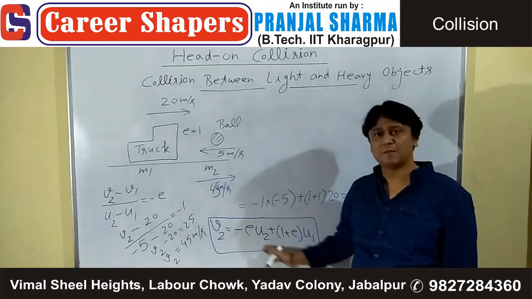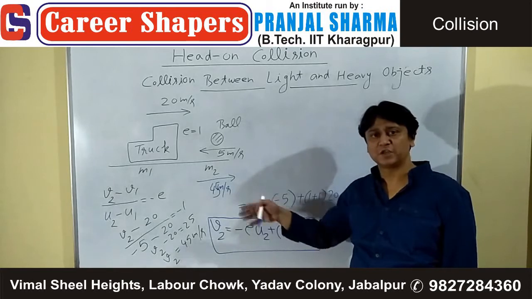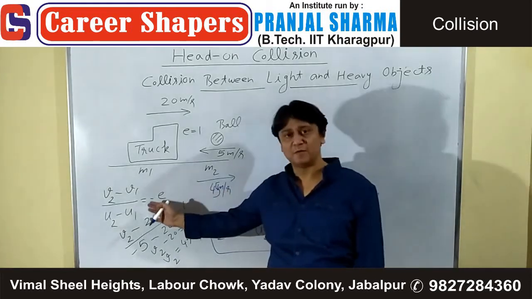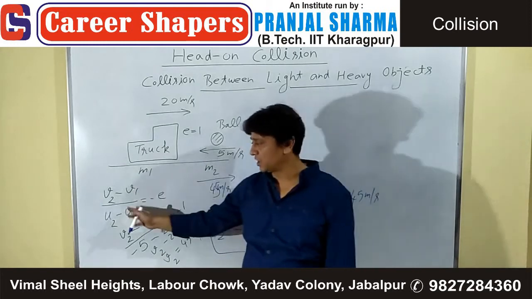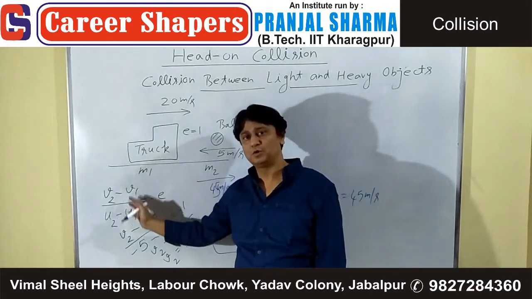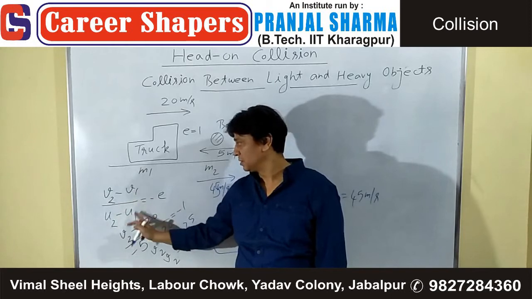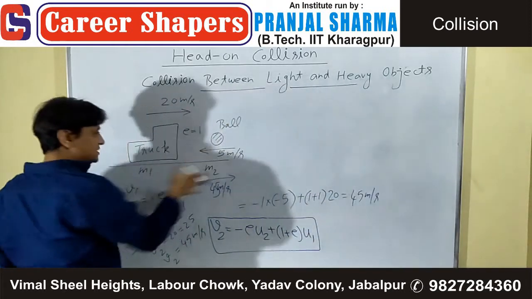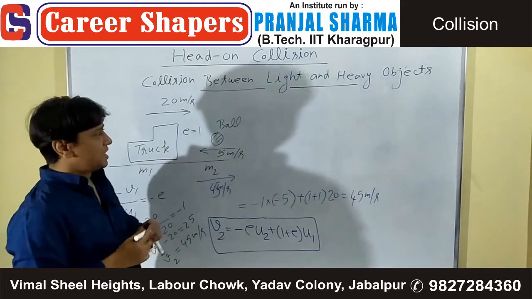It's your wish. We can remember this: minus e U2 plus 1 plus e U1. Tabhi chalega. If you don't want to remember this, at least remember this. It's quite symmetrical thing. 2 minus 1 upon 2 minus 1, which is what? Minus of e. Very easy part. You can note down this.